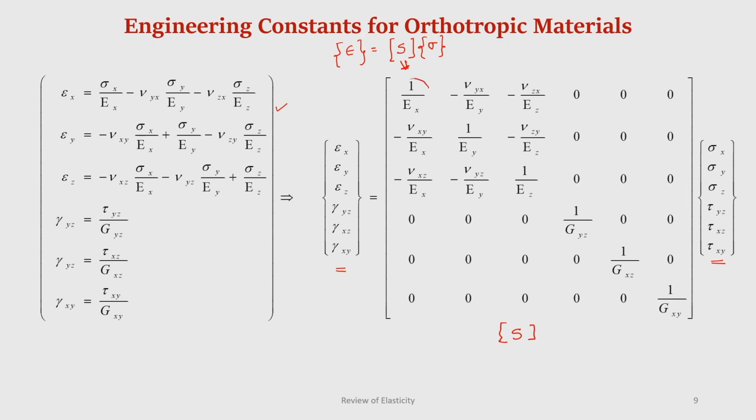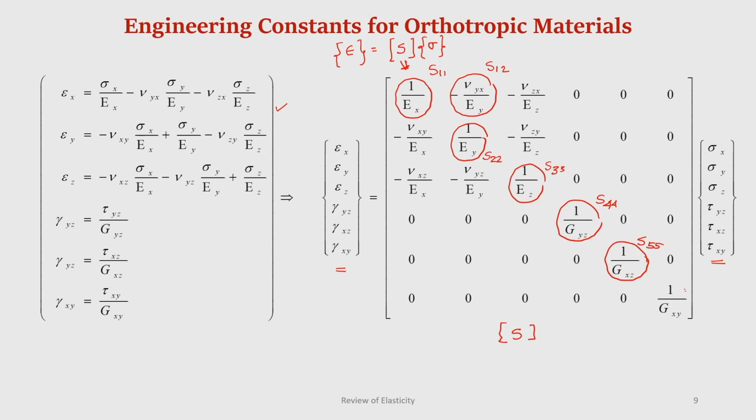Now, we can write this as S11. Similarly, this is S12, this is S22, this is S33. So, we can write all of these: S44, S55, S66, S13, and you can see S14, S15, S16 are 0 because it is an orthotropic material.